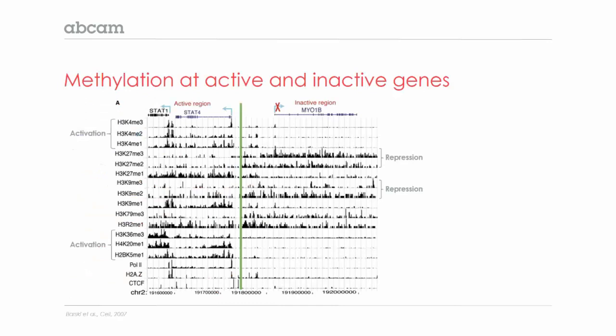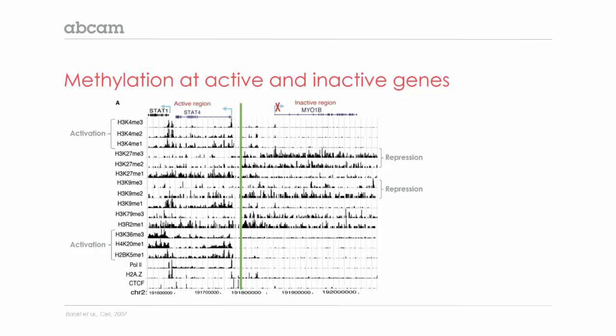Here's an example of what the peaks look like in these sequencing tracks from a publication that was looking at histone modifications genome-wide. Here they're showing results from a region with two active genes, STAT1 and STAT4, and results from a region containing an inactive gene, MYO1B.